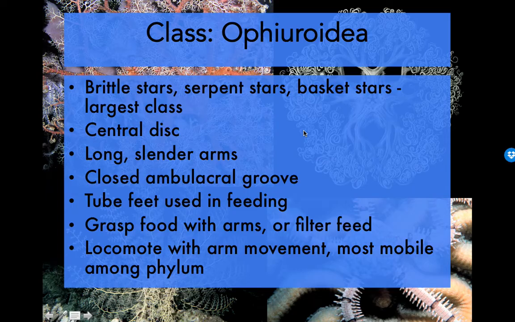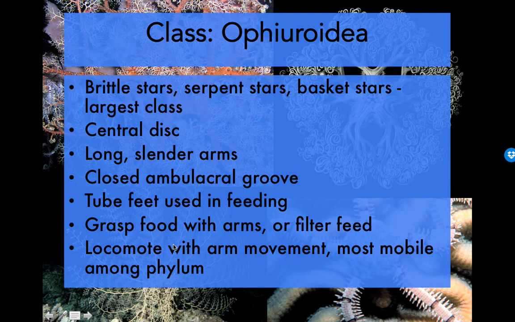Echinodermata. Often they'll have a central disc, which is different from the arms. The arms can be long and slender and more supple than what we see in Asteroidea. The ambulacral groove is closed off. They don't really need it as much to move around, because when I show you the pictures, you'll see they've got a lot of fine locomotory structures.